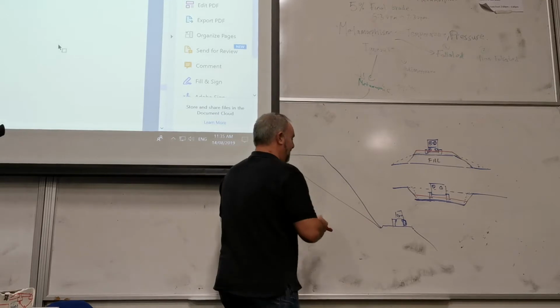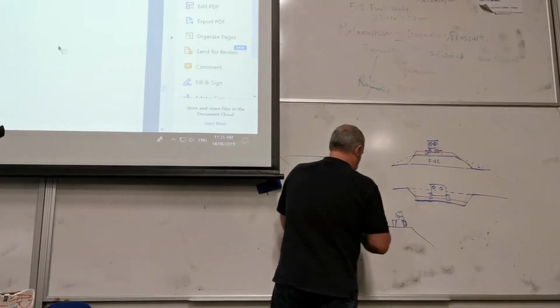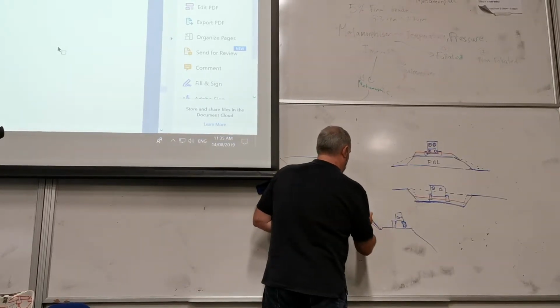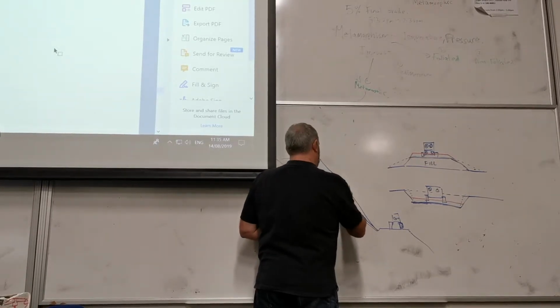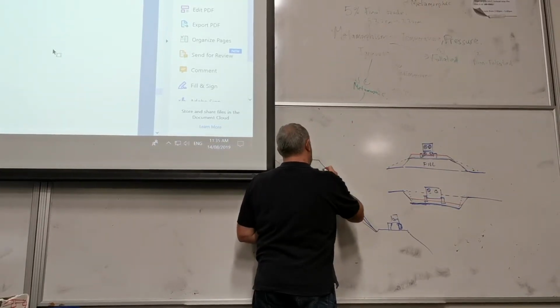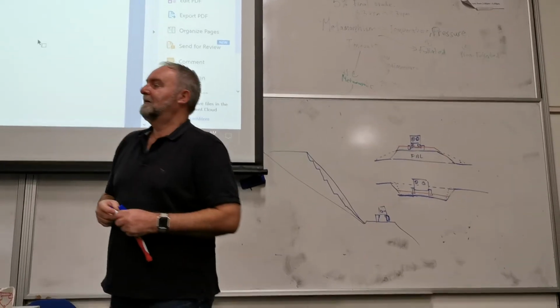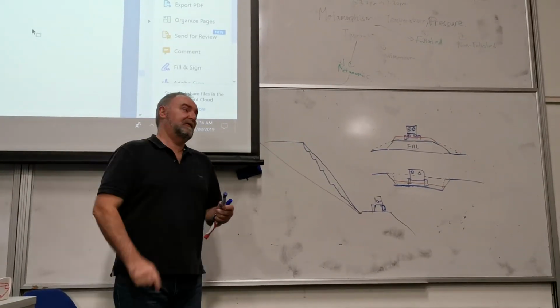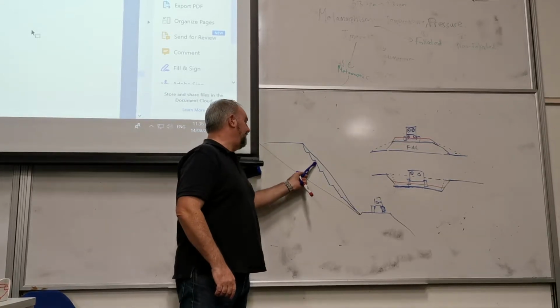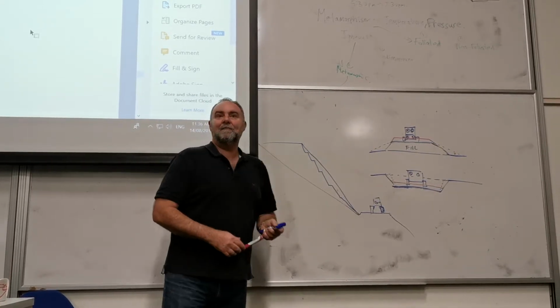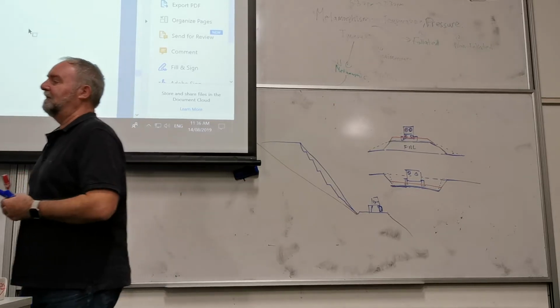And benching is where you do this. Benching has the advantage of letting you do it steeper. Okay? There are some additional costs in drainage at each point, but it allows you to do a lot steeper, better slopes.